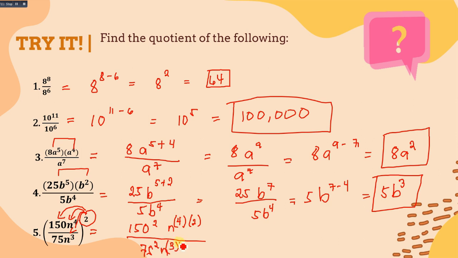Okay, so this will become, for example, 22,500 n raised to 8 over 5,625 n raised to 6. So if you divide 22,500 by 5,625, we get 4. And then for n, subtract 8 and 6, so we have 8 minus 6. So the final answer is 4n raised to 2 or 4n squared.